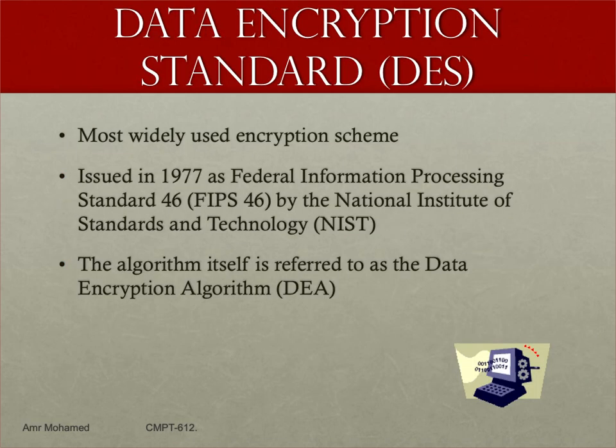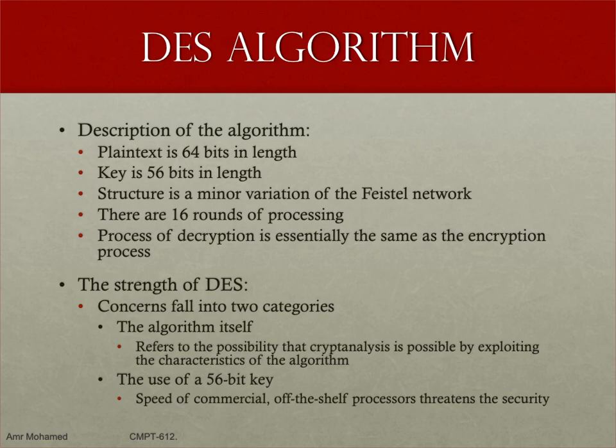So, as we said, DES was the most widely used encryption scheme until the late 90s. NIST later on created or recommended what we call the Data Encryption Algorithm, which is how the algorithm itself is referred to. The algorithm uses a block, as we said, this is part of the block ciphers, so it has to work on a block, unlike the stream ciphers, which we will talk about at a later stage.